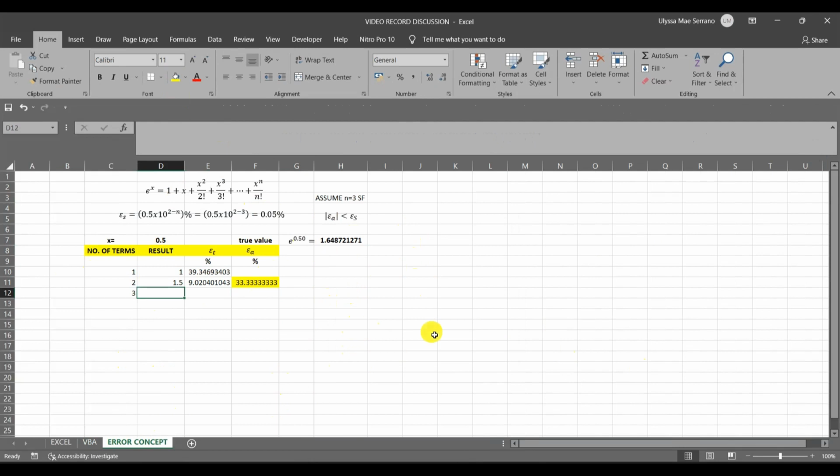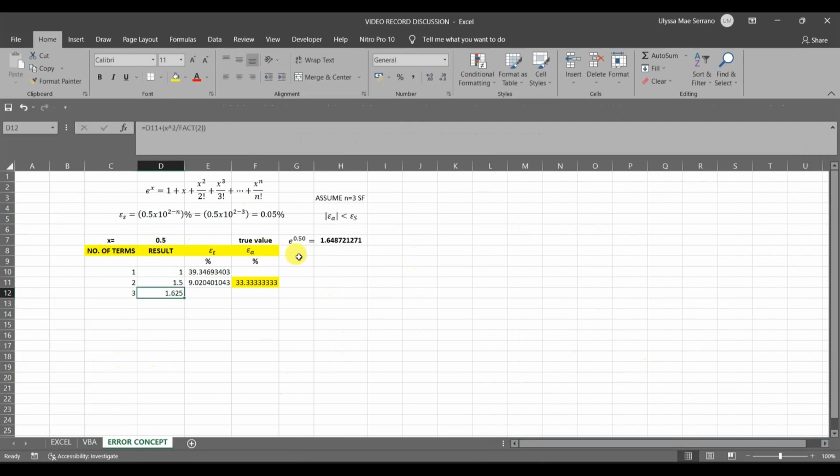So, we will have now the third one. Makikita nyo, ito na yung ating two terms used. So, 1 plus x. So, ito na lang din ang gagamitin natin para i-add na lang natin yung ating sunod na equation. That would be x raised to 2. And take note that 2 factorial is simply FACT(2).